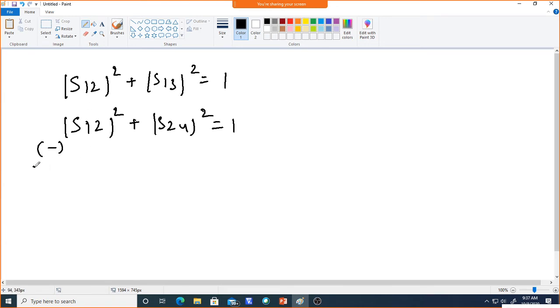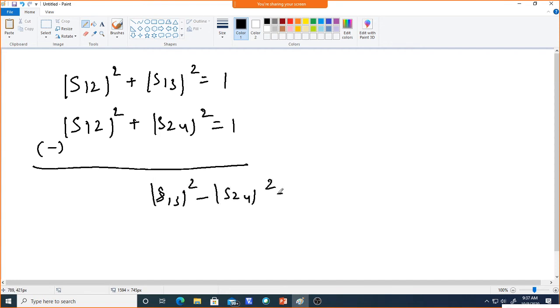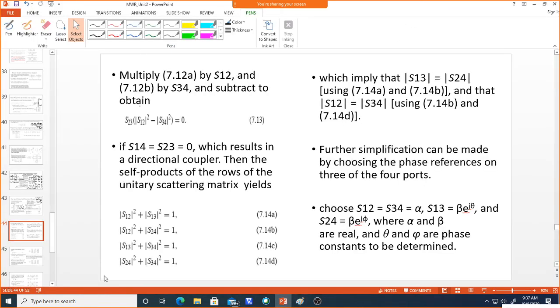What you will get is S13 square minus S24 square equal to 0. That means S13 will be equal to S24. Okay, so if you take any two equations and subtract them, you will get the condition that S13 equal to S24, and similarly you will get S12 equal to S34 also.